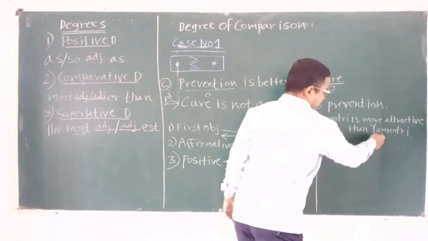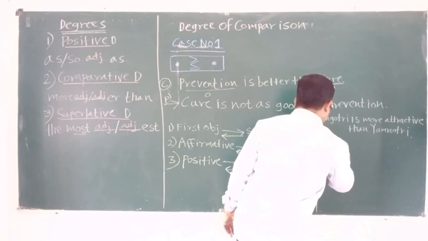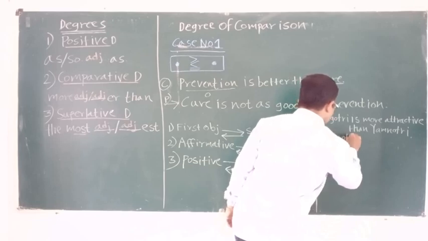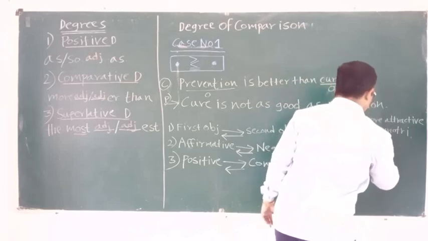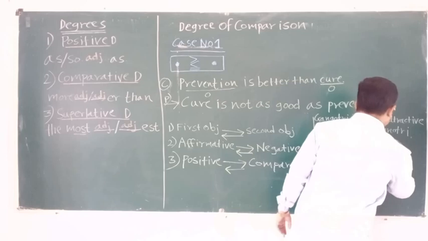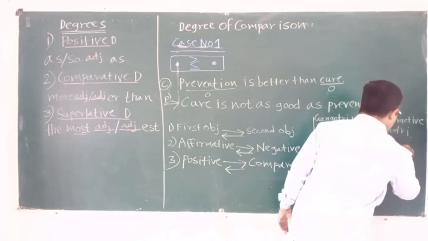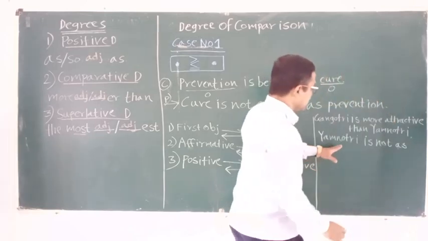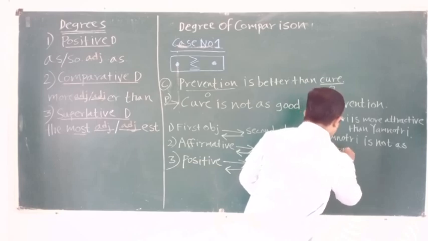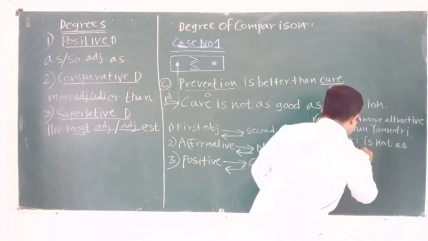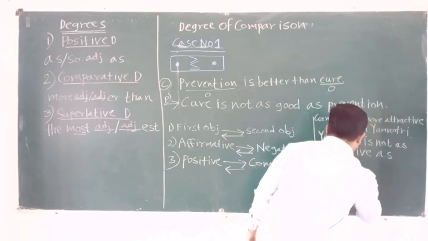So the second object comes at the beginning: Yamunotri is not as attractive as Gangotri.